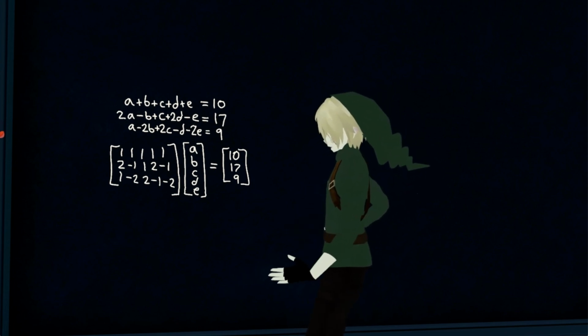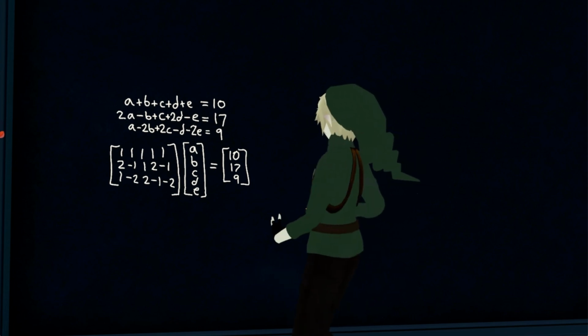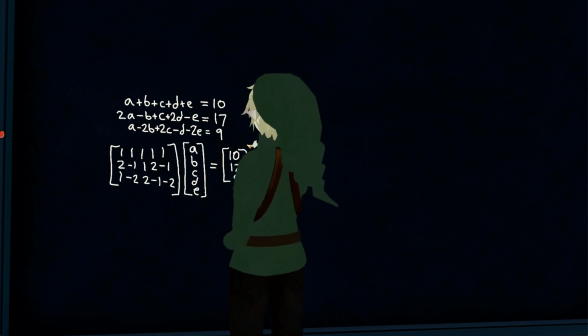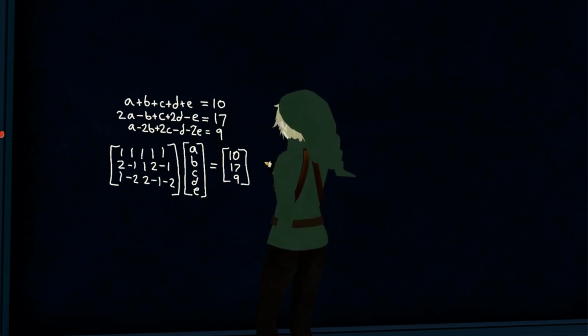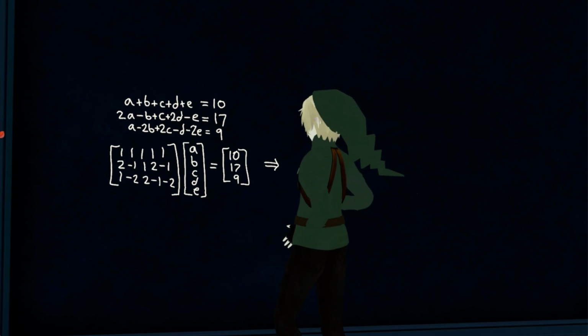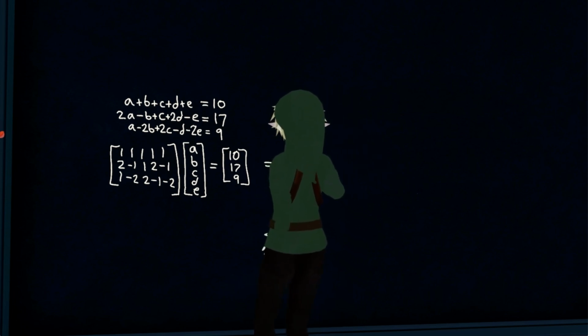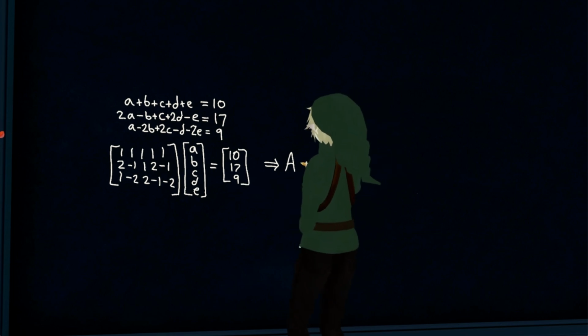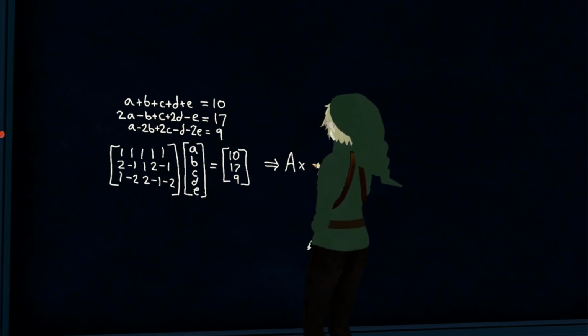In the majority of the times, we can generalize it. In other words, since we are able to write the system into a matrix equation, most of the times it's going to be the coefficient matrix, and then the vector that we solve for equals another vector.